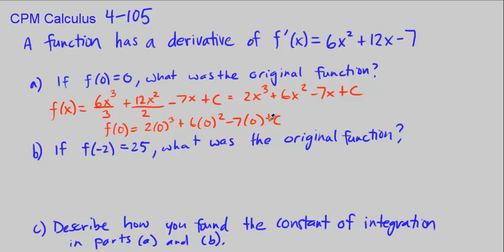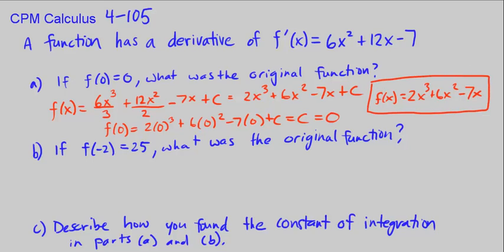All this is 0, so it's just equal to c, and we know then c is 0. That makes the original function f of x equal to 2x cubed plus 6x squared minus 7x, because c is now 0.